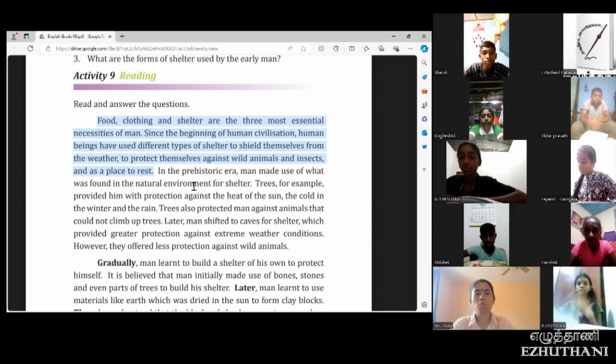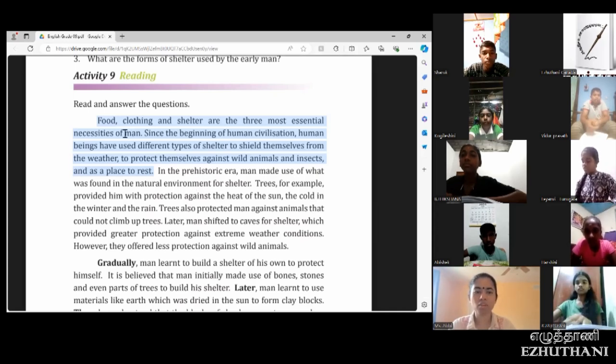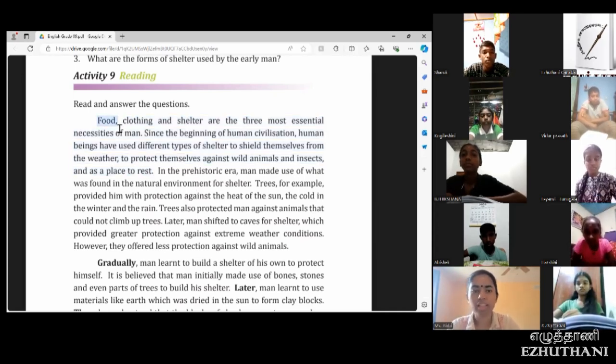Good. We are going to correct some pronunciation, okay? So first sentence, food. Do you know what the symbol is after food? No, teacher. So it's a comma. The punctuation is a comma. So when you see a comma, you always pause.